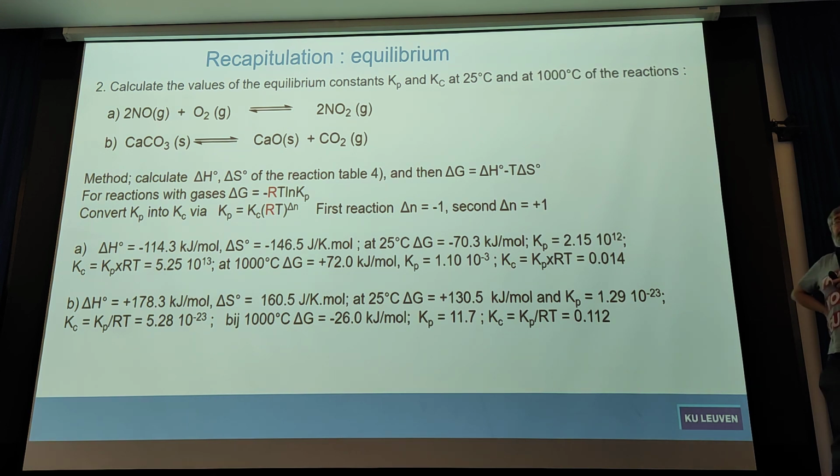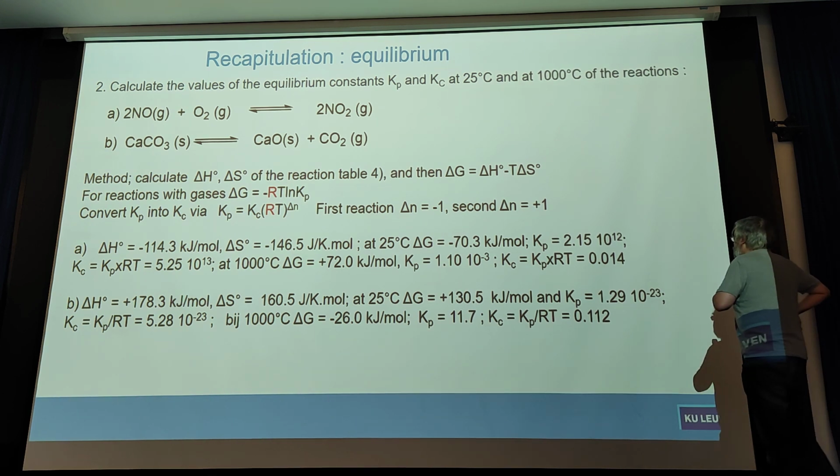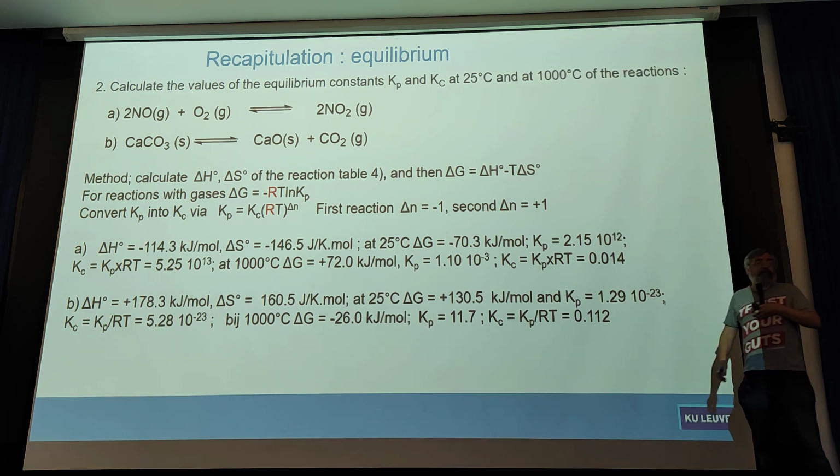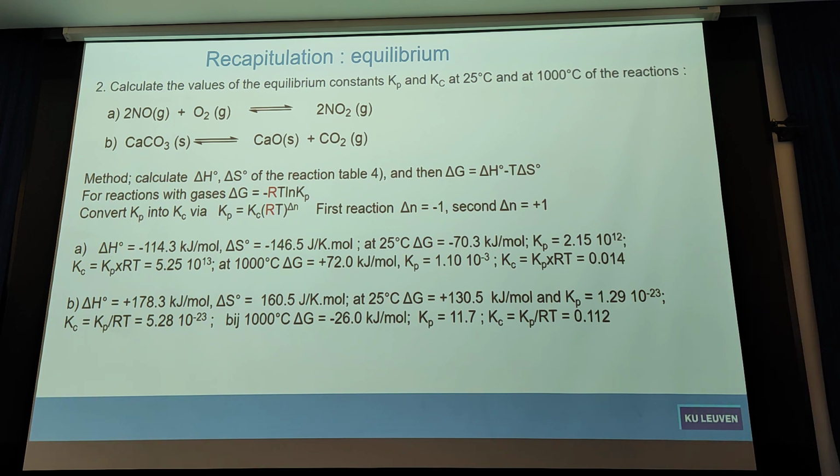Kp is now also a small number, 1.1 10 to the minus 3. And so Kc is then also not that big, 0.014. That means this reaction is going to be more towards the reagents than to the products.